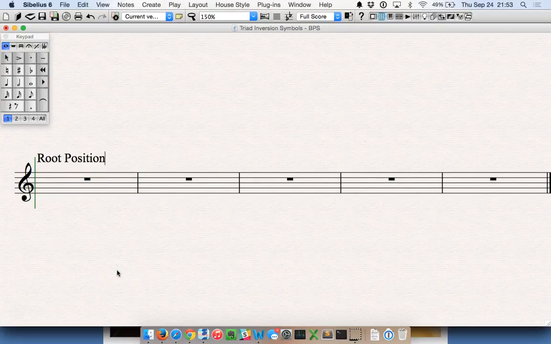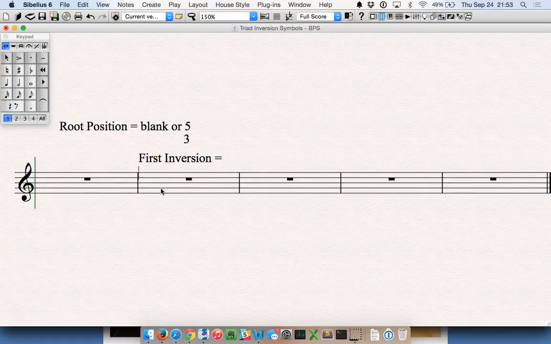Whenever anything is in root position, it's either blank, meaning no numbers at all, or it will say 5-3. So you'll see the number 5 on top of the number 3. If it is in first inversion, most commonly you'll see it just as a 6. Sometimes you'll see a 6 with a 3 on the bottom.